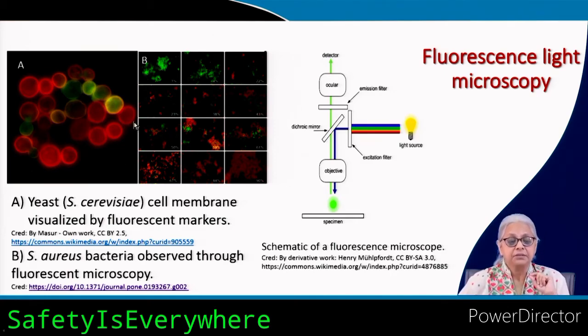In the second case, in B, this is from a particular paper recently published, I think, and this is Staphylococcus aureus that has been observed using fluorescence microscopy and more than one dye. So here you see a series of images which have been taken after the cells have been dyed with 3 different fluorescent dyes, and each one of them will react with the cell membrane.